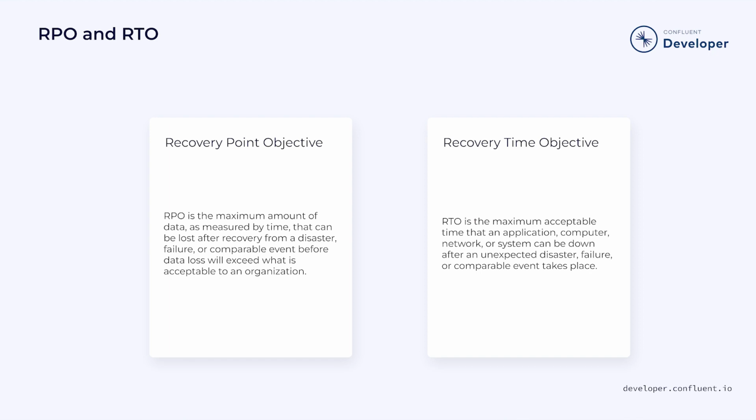In other words, how much data can be lost during a failure. In order to have zero RPO, synchronous replication is required, whereas RTO is concerned with how much time can go by until your applications fail over. In other words, how long can a failover take? In order to have zero RTO, seamless client failover is required.